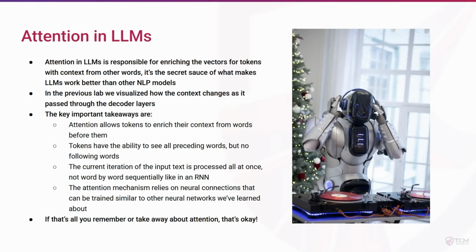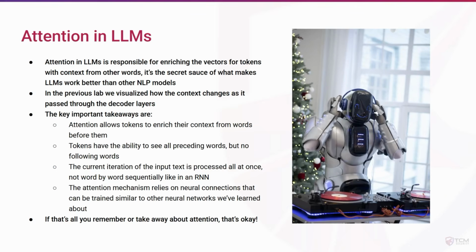And each token has the ability to see all of the preceding words. It's not a combination of their context. Instead, they can look at each one individually. However, even in a string that has words that would be past them, so succeeding them, they cannot look ahead at those words. Those are masked out. So tokens can only look backwards to get the context.